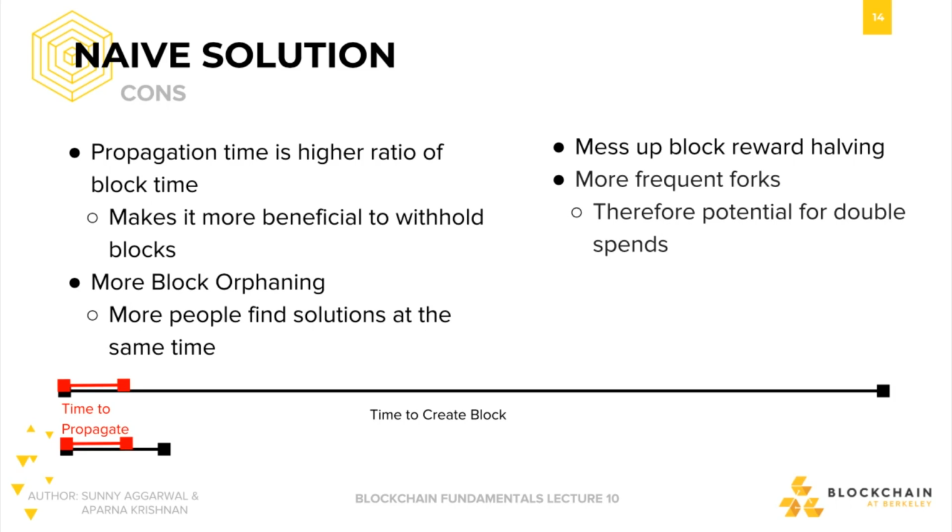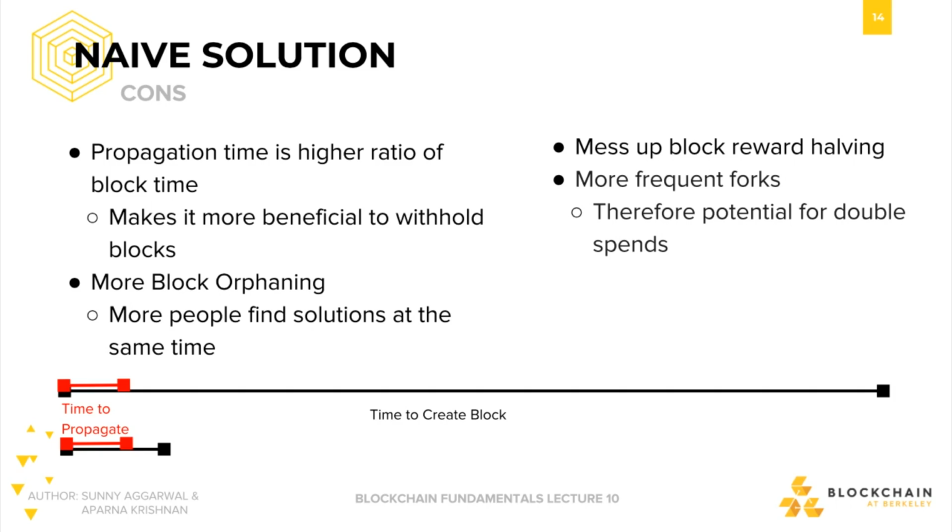So if your block creation rate is 14 seconds and it takes 12 seconds to propagate a block, if you just withheld your block for 2 seconds, it gives you an unfair advantage of 2 plus 12 seconds, which is a whole 14 seconds, the time it takes to create a block. So if you are the current miner, you're most likely going to be the next miner again. And you don't want that happening in the network.